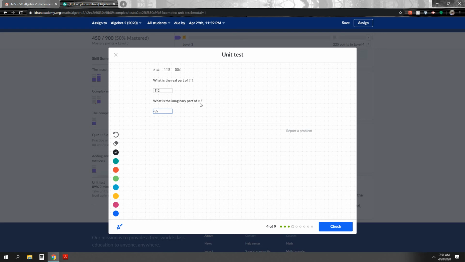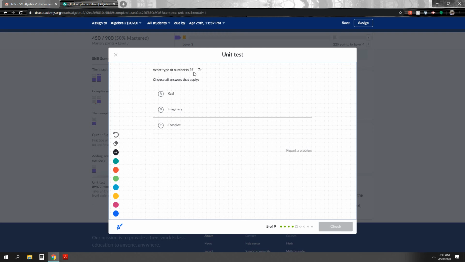They do not want the I at the end. Again, I have no idea why. In my head, the I should be here because that's what's indicating that it's the imaginary part. So just be aware of that they don't want you to include the letter I. If I had put an I here, I would have gotten it wrong again.